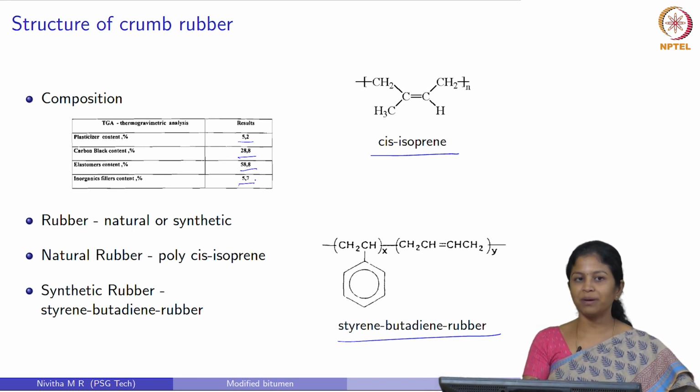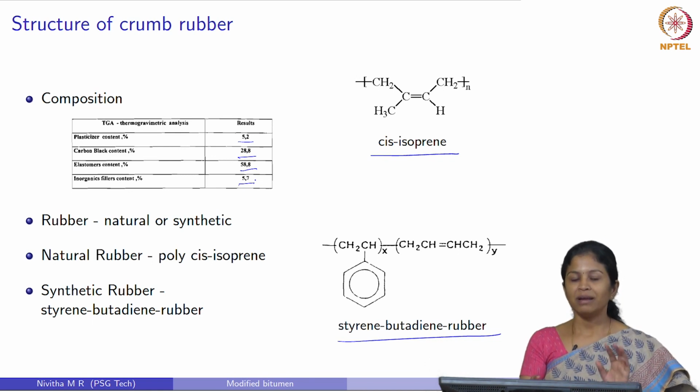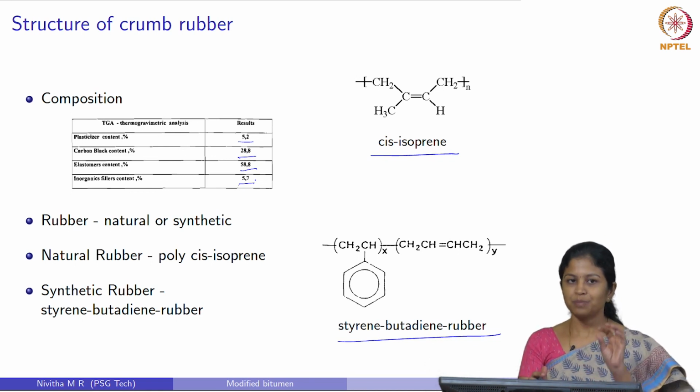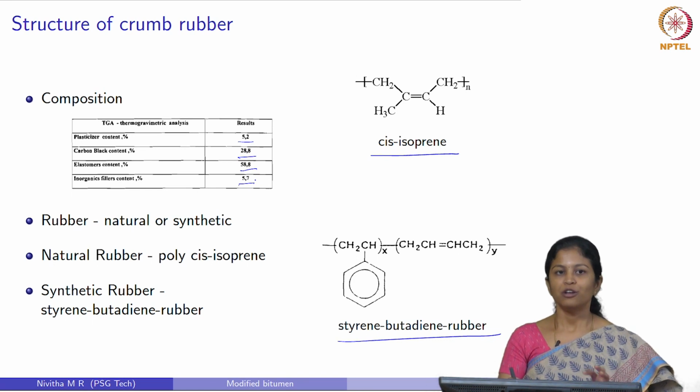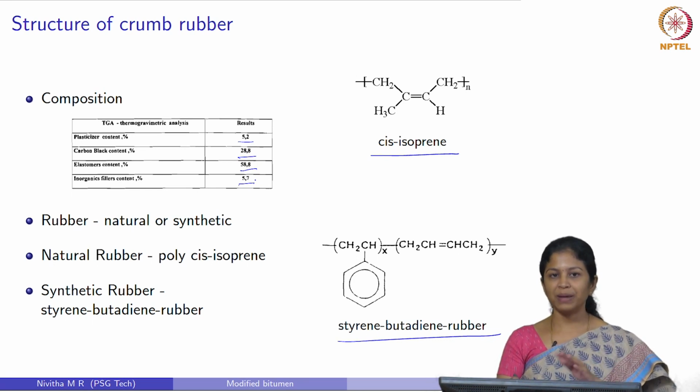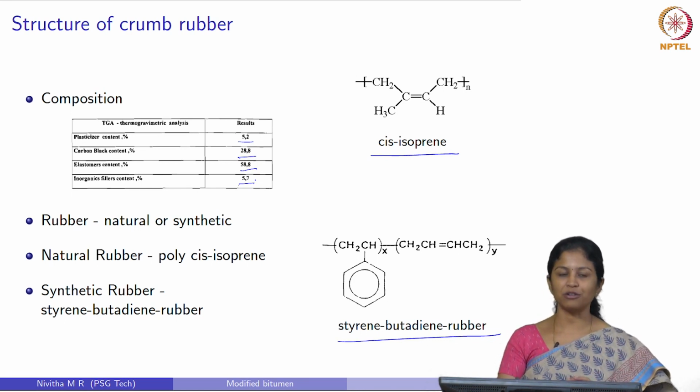Again, we need to remember that the previous cases were materials designed specifically to modify bitumen, but crumb rubber is not like that. It is a material which is disposed of, and we are trying to make the best use of it to improve the properties of base bitumen. So, in addition to what we desire, we might have certain other components in crumb rubber modified bitumen.